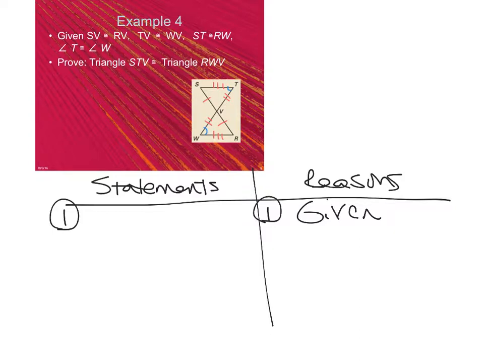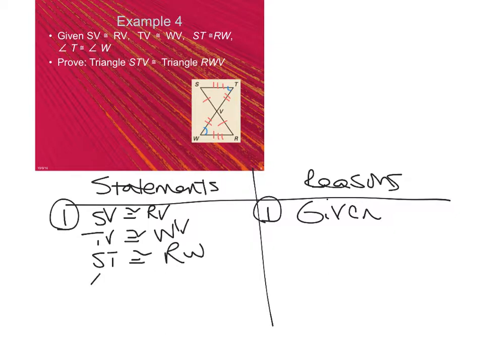So I'm going to rewrite SV congruent to RV. TV is congruent to WV. And ST is congruent to RW. And angle T congruent to angle W. And all of that is the given.